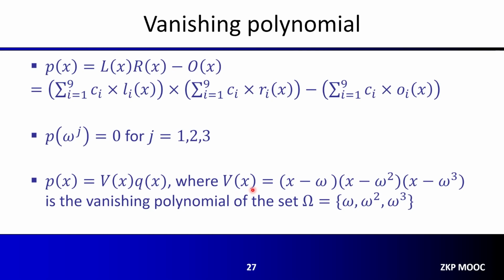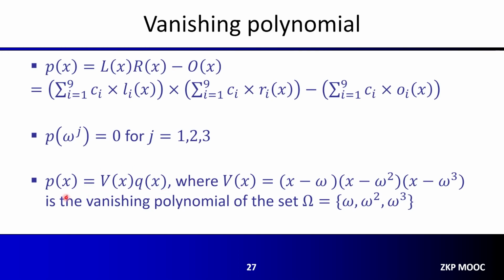And this polynomial is the non-zero polynomial of minimum degree that equals 0 at these given points. So any polynomial that equals 0 at these points can always be written as the product of this vanishing polynomial times the quotient polynomial with the corresponding degree.